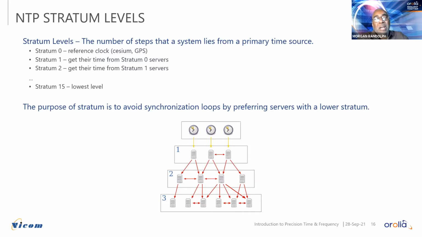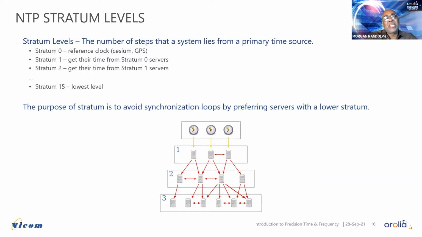As it provides time to your servers, your DHCP and Active Directory servers, those will be stratum 3s, and then the clients would be stratum 4s. The purpose of this is to avoid synchronization loops by preferring servers with a lower stratum.